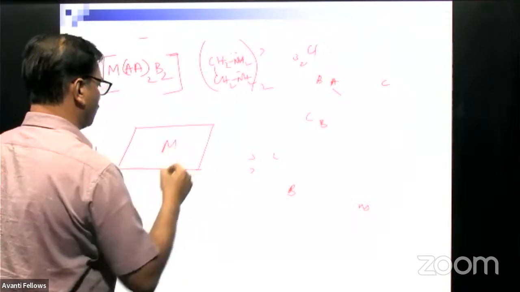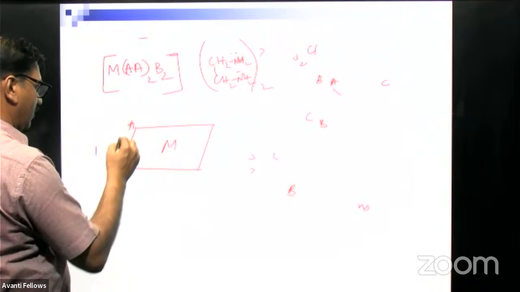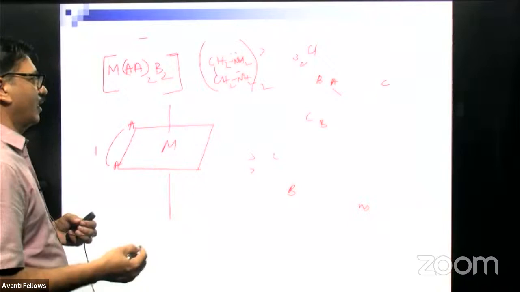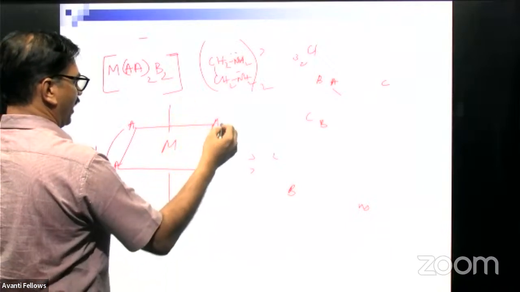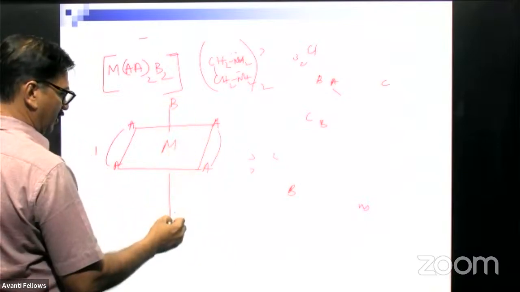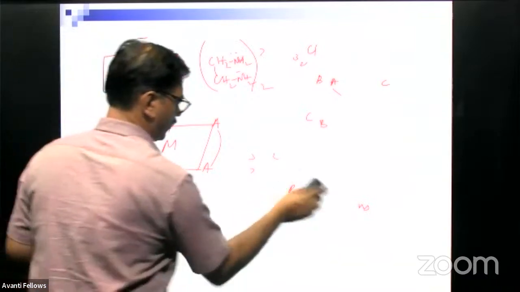Say the metal is here, and AA. So you can take AA here. This is one AA, and octahedral complexes are written like this. Now, you write AA here, and this is B and this is B. This is one of the forms.